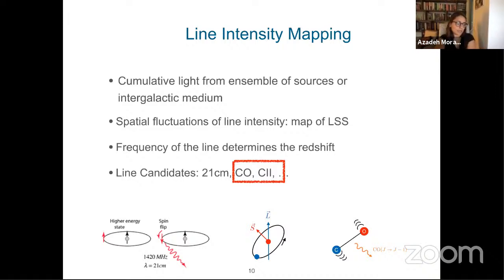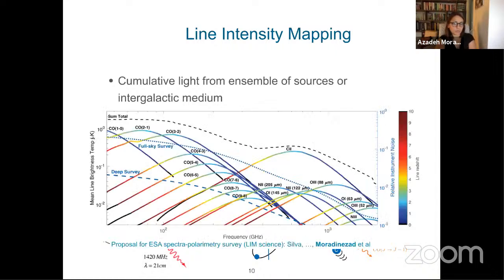And then the C2 line corresponds to the fine structure transition of ionized carbon. In terms of frequency, just to remind you, while the 21 centimeter line is in the megahertz regime, these CO and C2 lines are in the gigahertz, so in the hundreds and thousands of gigahertz. So they are millimeter and sub-millimeter lines compared to 21 centimeter. As I said, there are multiple lines.